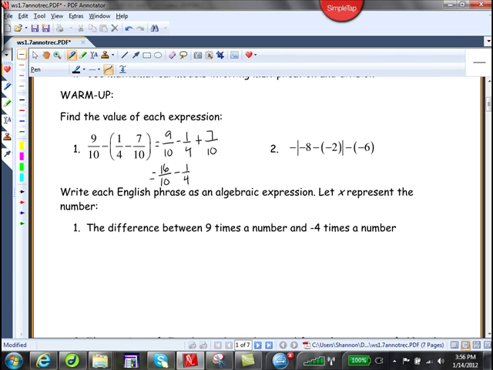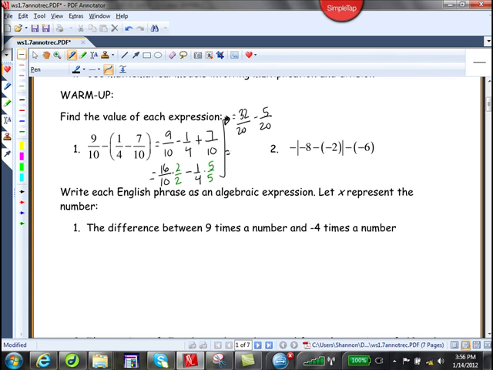And here, let's leave a little room. We could reduce the 16/10, but I'm going to go ahead and just get a common denominator now. Notice that we could multiply this one by 2/2, and we can multiply the 4 by 5/5, which will yield a result of 32/20 minus 5/20.